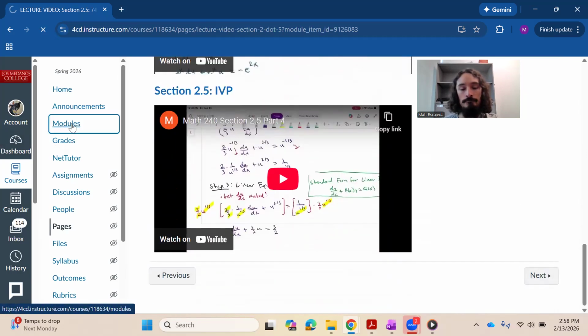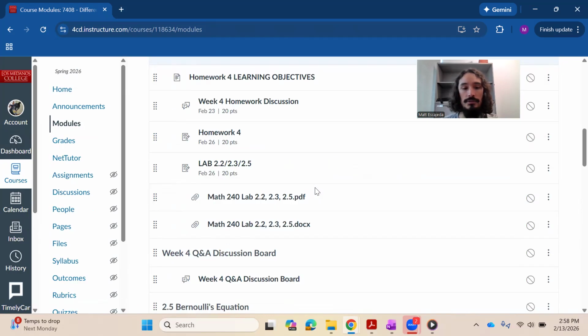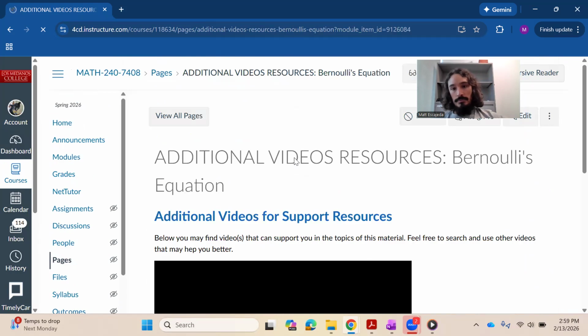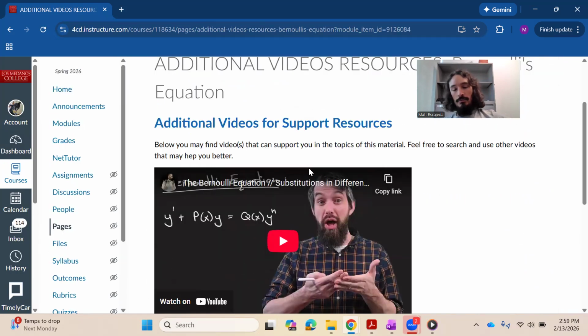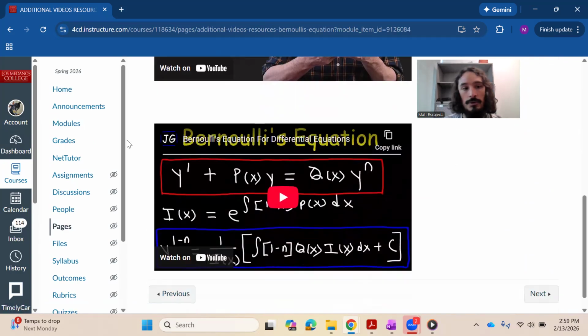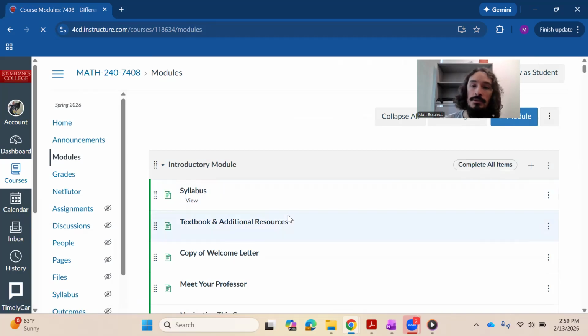And then there are additional resources, like extra YouTube videos right here, in case you're not getting it from what I'm doing in the notes. Look here or on YouTube for other stuff. Same thing with section 2.6 Euler's method.